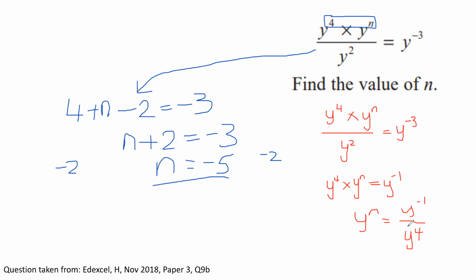And then again, as we continue to use the rules of indices, we know that if we are dividing by a power, that's the same as subtracting the indices. So we know that y to the power of n equals y to the power of minus 1 minus 4, which if we figure that out, we'll get minus 5, exactly the same as we got here.